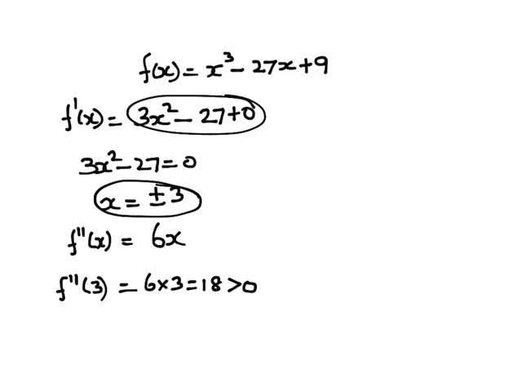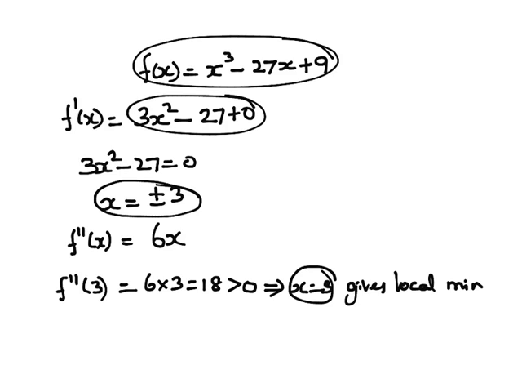I hope you recall, if the second derivative is positive, then we get a local minimum value, isn't it? So this implies x equal to 3 gives a local minimum. Now how do I find that local minimum value? Very simple. You substitute this 3 in the original function.